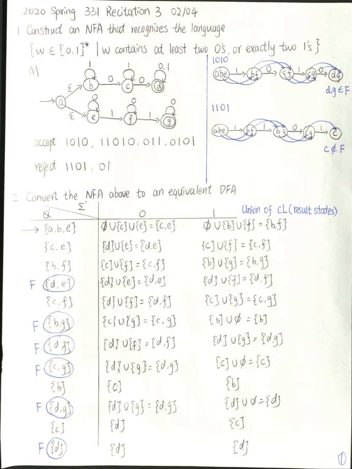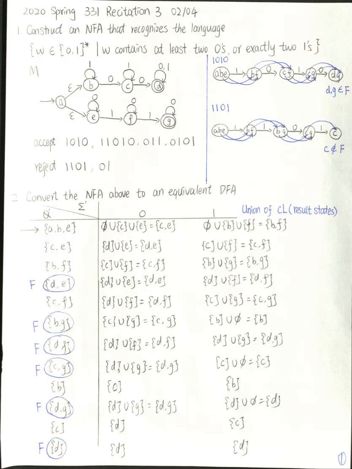All right. So from ABE, after reading the symbol 0, I want to have the set of states that can be reached from ABE by consuming a single 0. So we first check the resulting states by reading a single 0 from ABE. From A, I can reach empty set because there's no transition for 0 from A. From B, I can reach C. And from E, I can reach E itself.